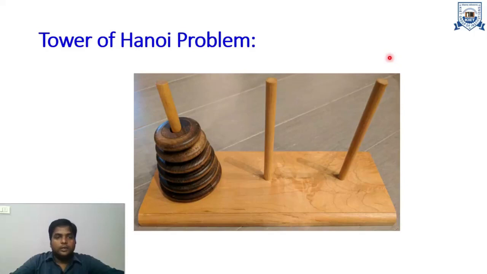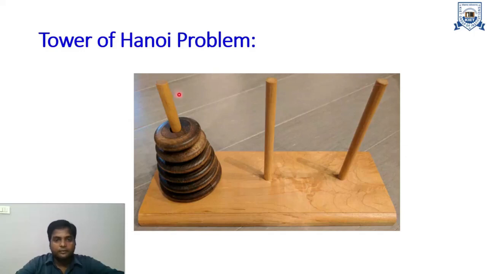In this particular problem, we have 3 towers, and one of these 3 towers contains a stack of disks in decreasing order from bottom to top. Our problem is we have to move all these disks from one tower to another tower.